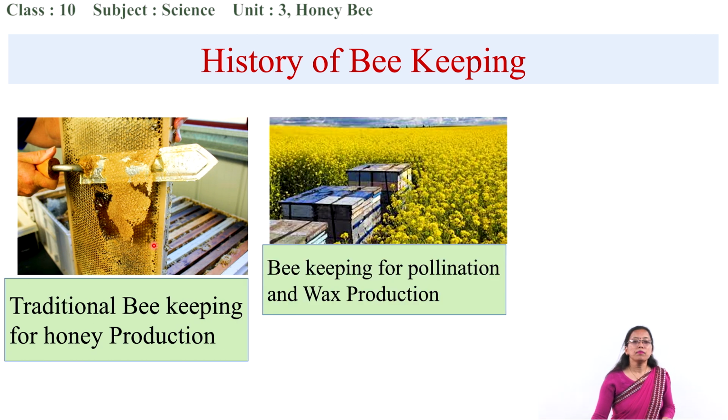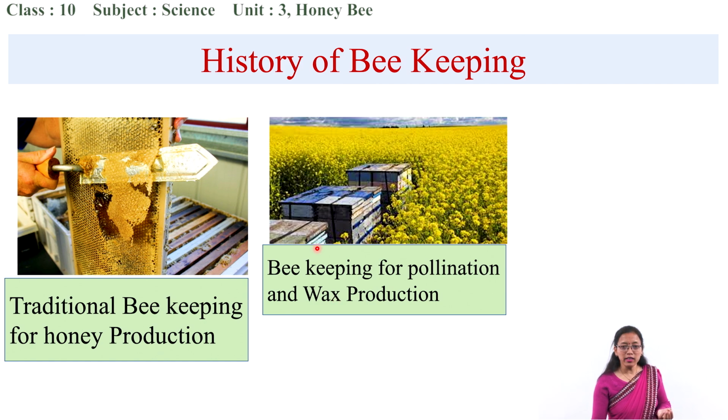Later on, beekeeping was also used for pollination and wax production. That means before, it was just for honey production, but it was modified, and not only the honey, we can use these bees for the pollination of crops.